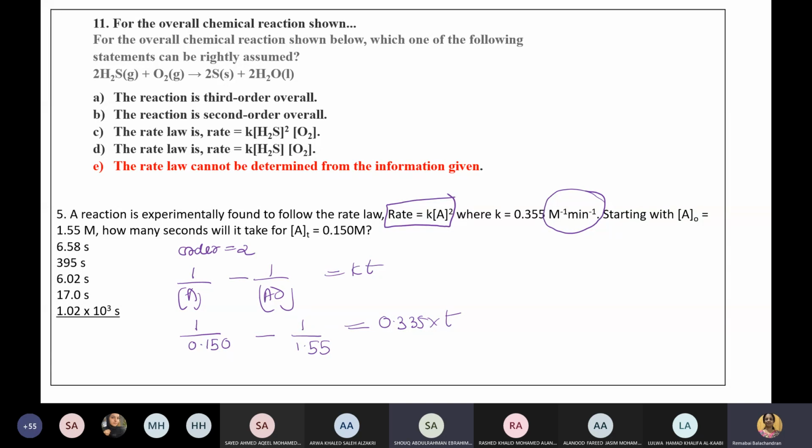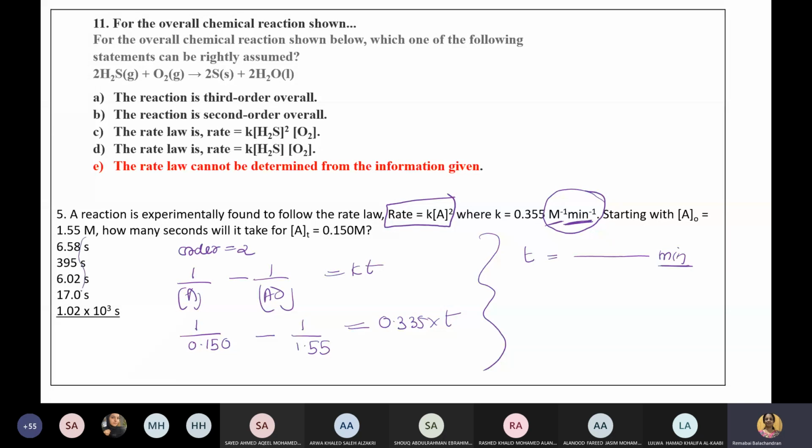See, this is the way you lose marks, my dear. Of course, you will get the answer of t in what unit? Minutes. See, this is the place you go wrong in the exam. Here the unit is molar to the power -1, minute to the power -1. So you get the time in minutes.